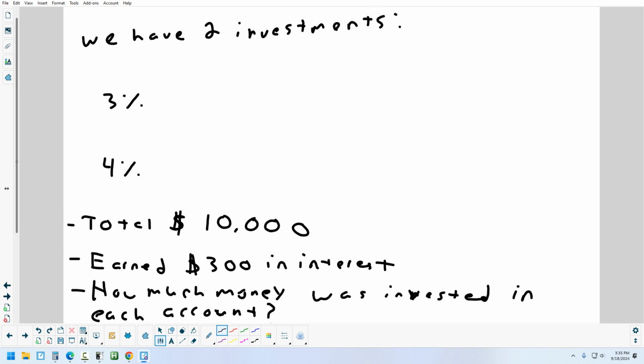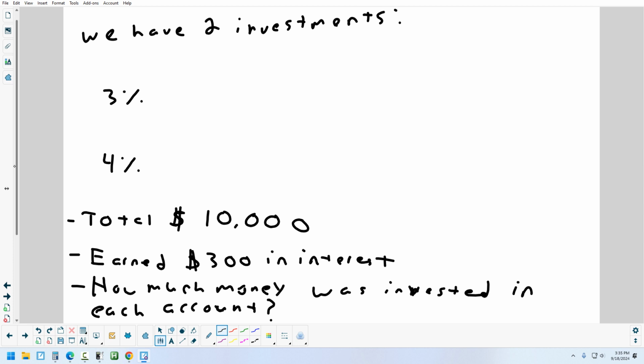So the next one we're going to look at is very similar to the interest problem we did in class. We have 2 investments. One investment pays 3% interest. The other investment pays 4% interest. And remember, the formula we need to use is I equals PRT. We have a total of $10,000 to invest.